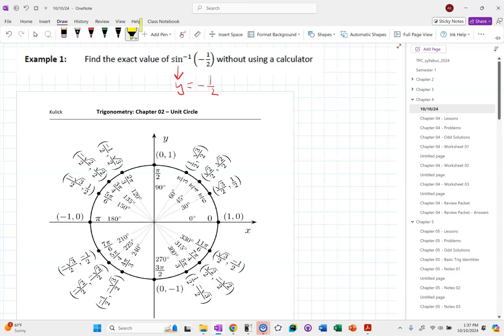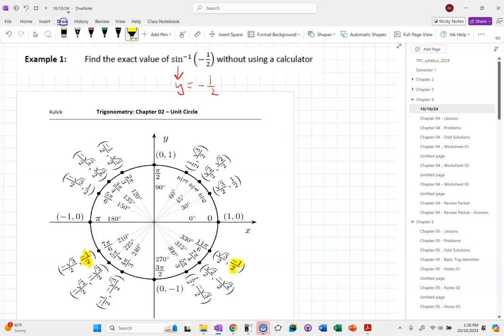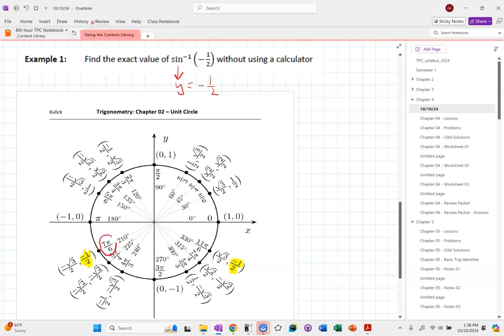If I look at my y coordinates, I see a y coordinate of -1/2 there, and a y coordinate of -1/2 there. So far, so good. So my solutions appear to be 7 pi over 6 or 11 pi over 6.